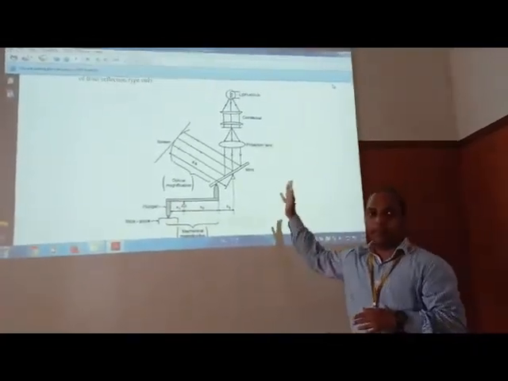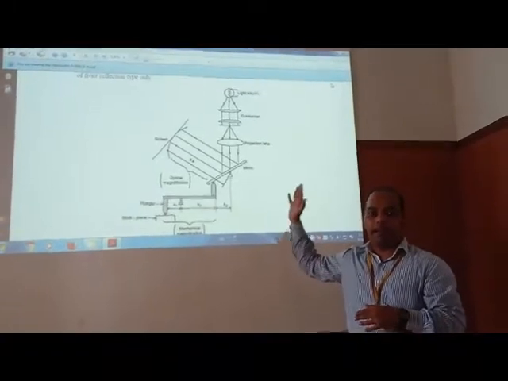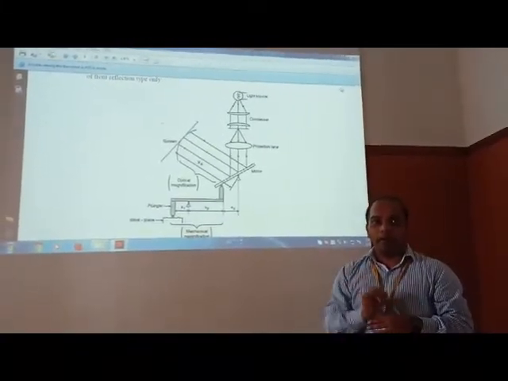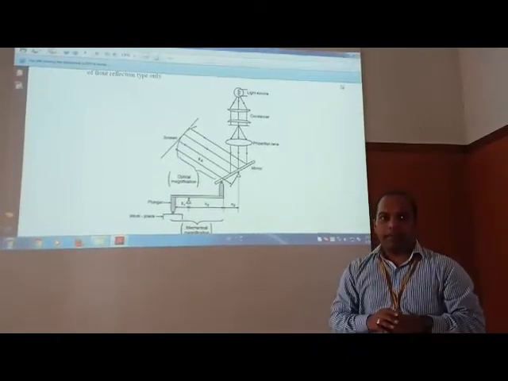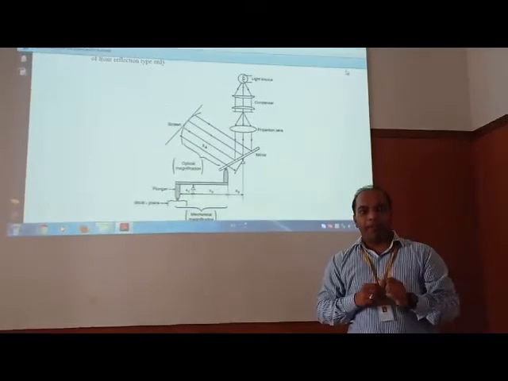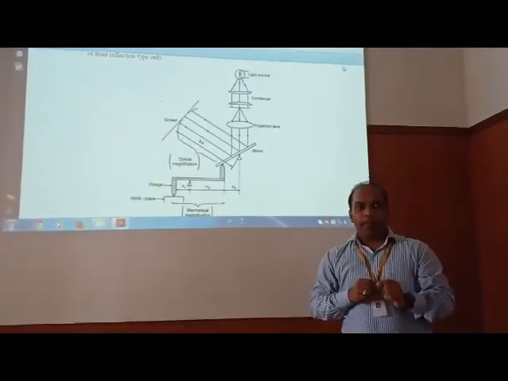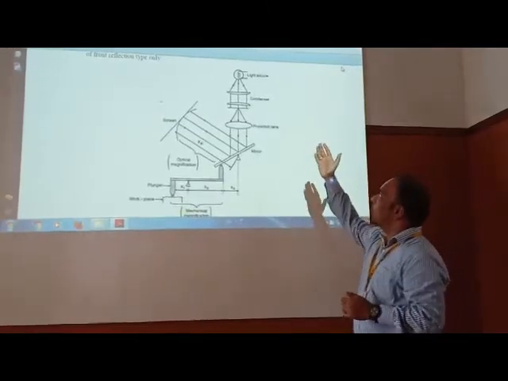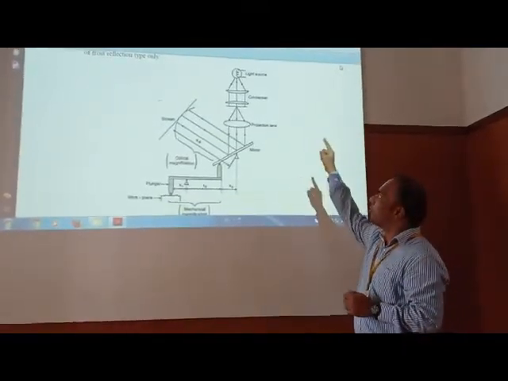Now this is the construction and ray diagram, or it can be called the perfect ray diagram, for the profile projector, as we have conducted the same experiment in experiment number 1, measurement using the profile projector. We can see the ray diagram starting from the top.